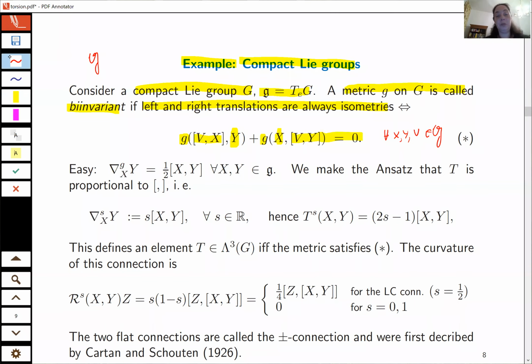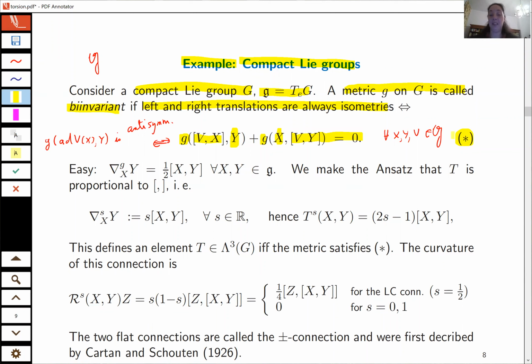Which of course we can just rewrite in terms of the adjoint action, namely ad of V on x comma y is anti-symmetric. And anti-symmetric just means an element of the orthogonal Lie algebra. Okay, so let's remember this equation.